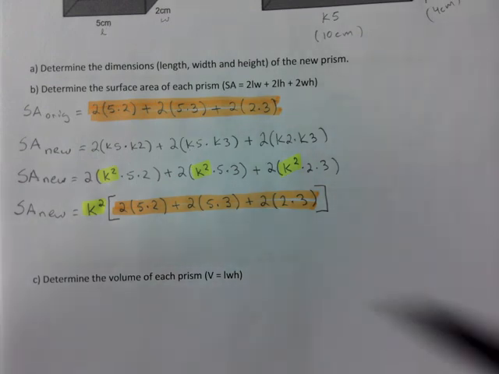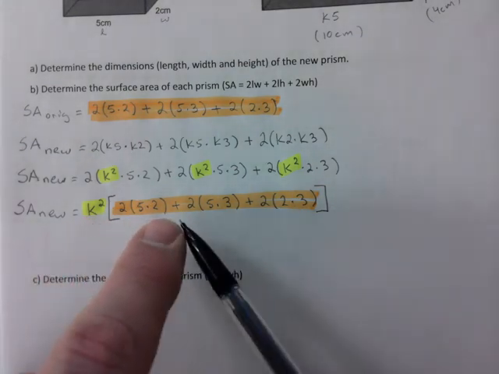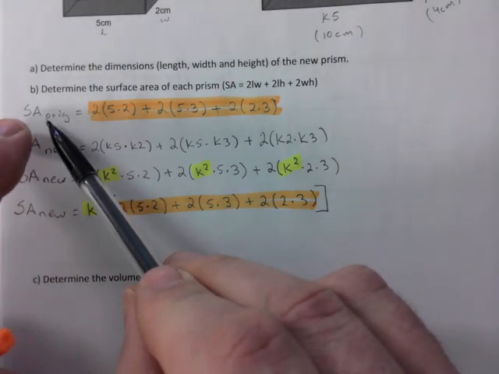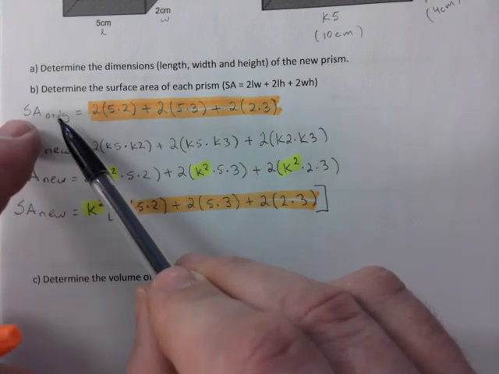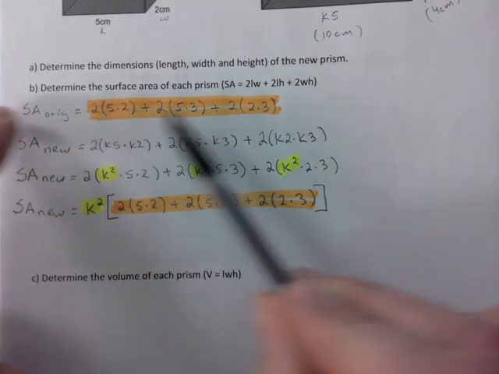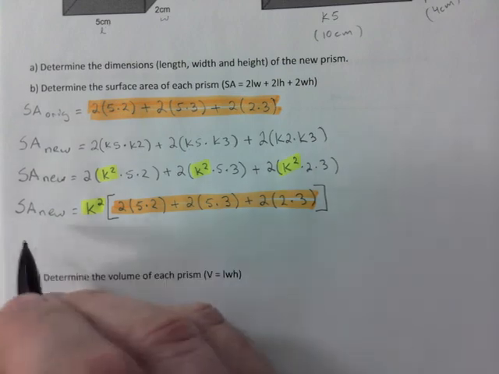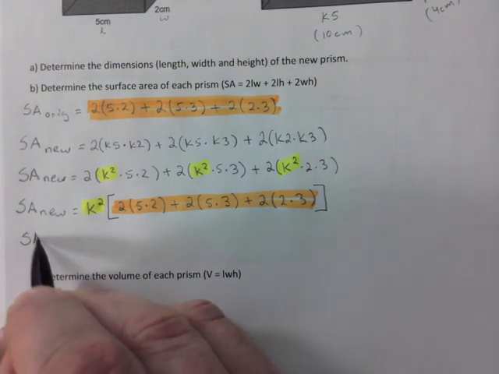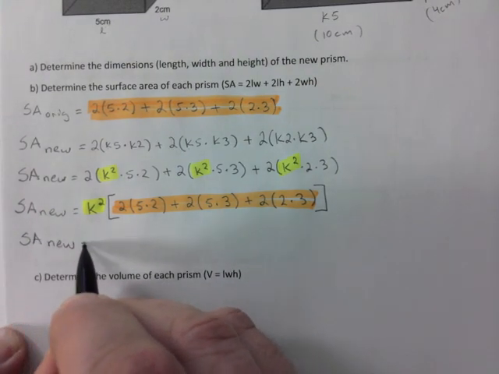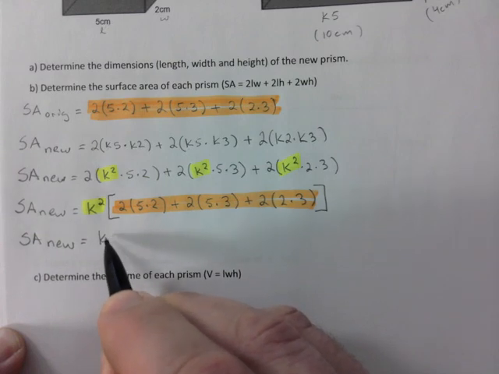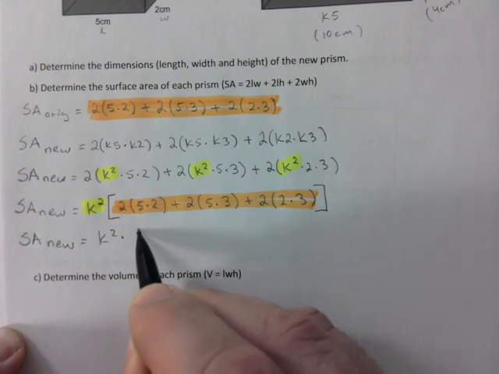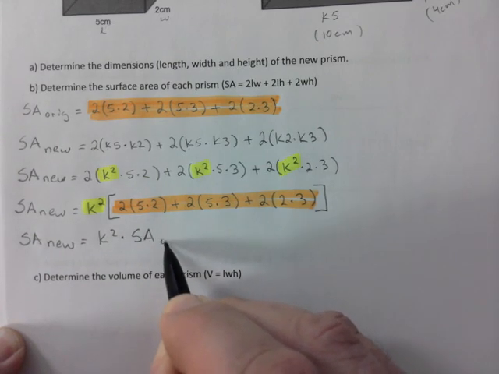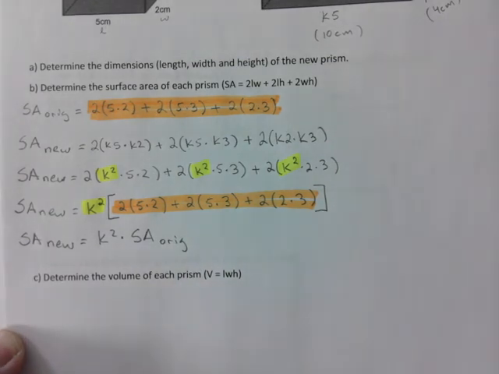Now I'm going to replace all of this with surface area of the original, because they're really the same. Okay. So surface area of the new prism is K squared times surface area of the original.